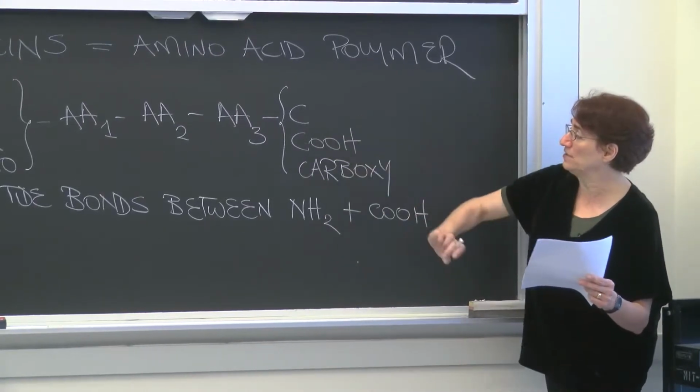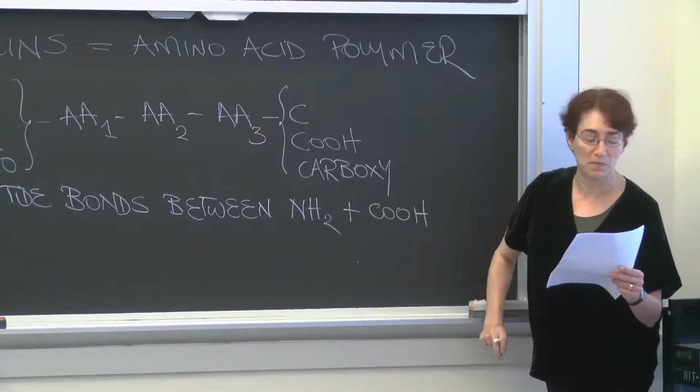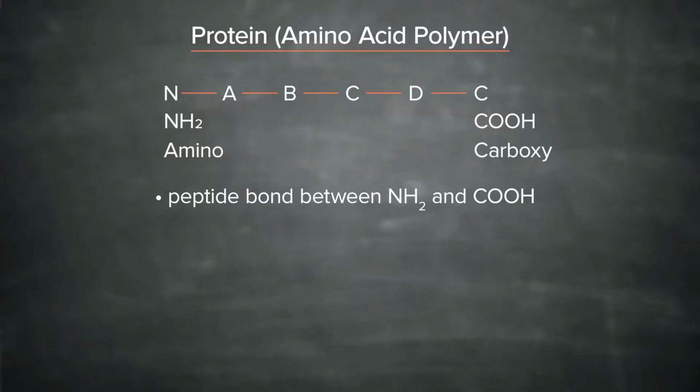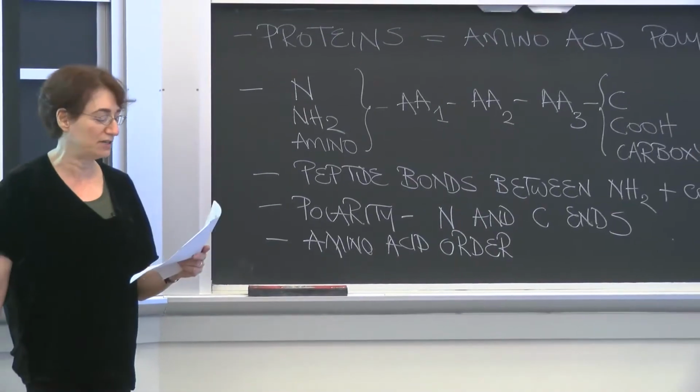The amino acid order is relative to the two ends of the molecule. So there is polarity to proteins that is based on the amino and carboxy ends, and is also based on the amino acid order. And we can draw a parallel, again, to nucleic acid structure.